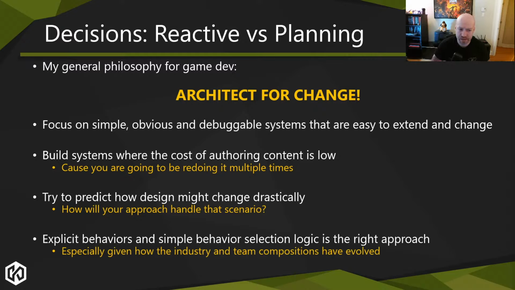And generally these days, having explicit behaviors and simple selection logic is the right approach, primarily because team compositions have shifted drastically: we have fundamentally less technical teams. We have a lot more non-technical content creators building the data. A lot of the designers are not very technical. There are fewer programmers.